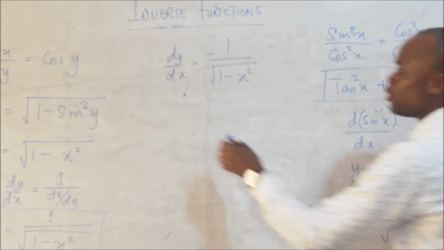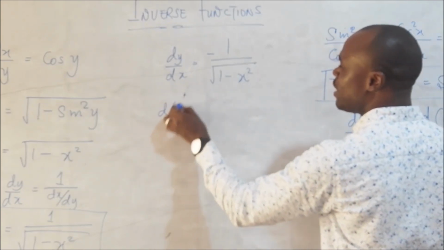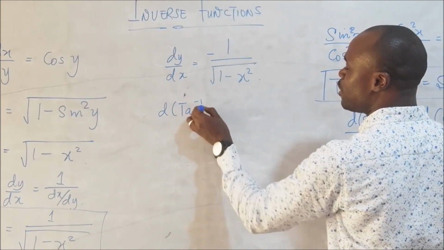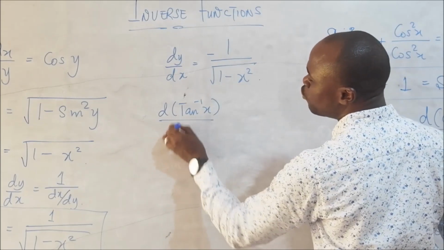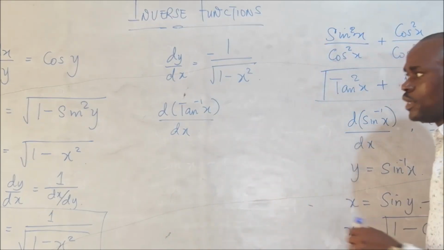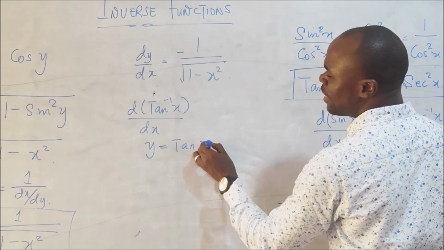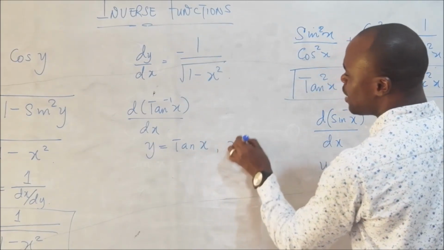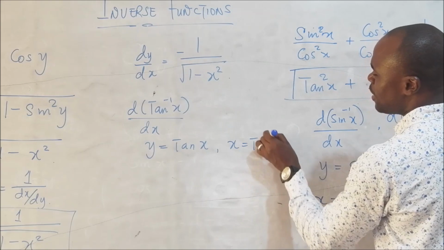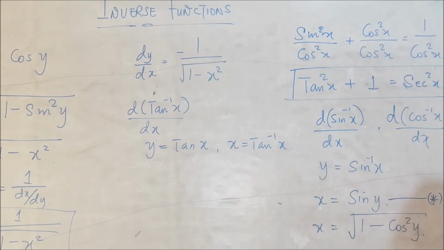Okay, now also let's rush over to that of tan. Very easy also. We want to find the derivative of tan inverse of x with respect to x. How do we do that? Once again, you say y is equal to tan inverse of x.